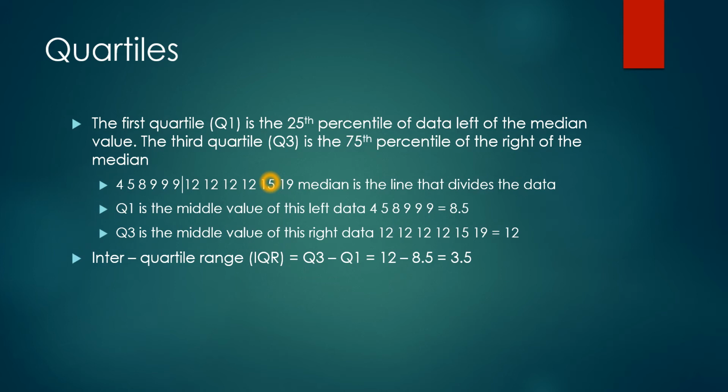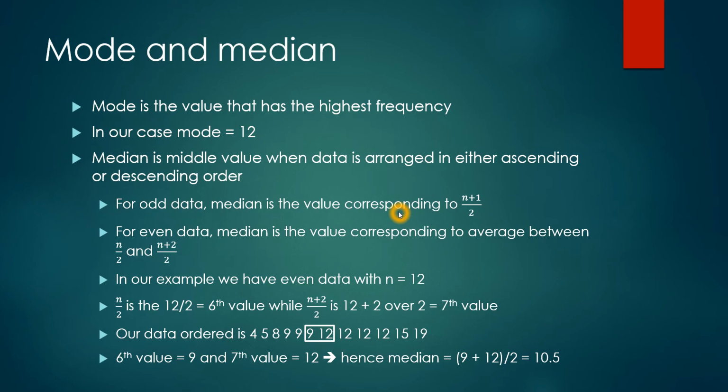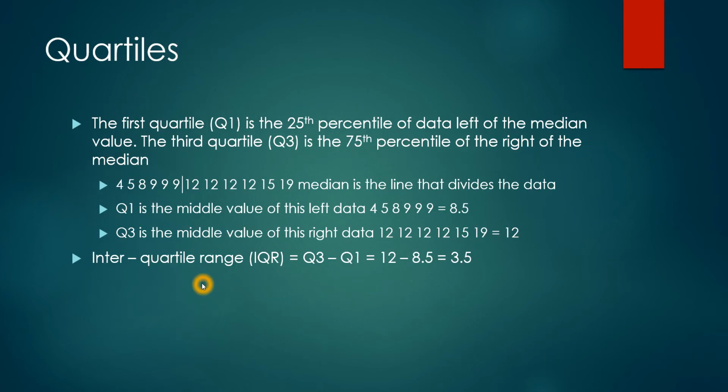The middle is, of course, the median. Because right now our data is even, we have 6 values, you can use a similar procedure to the one we used for even data. So you find n divided by 2 and n plus 2 divided by 2.